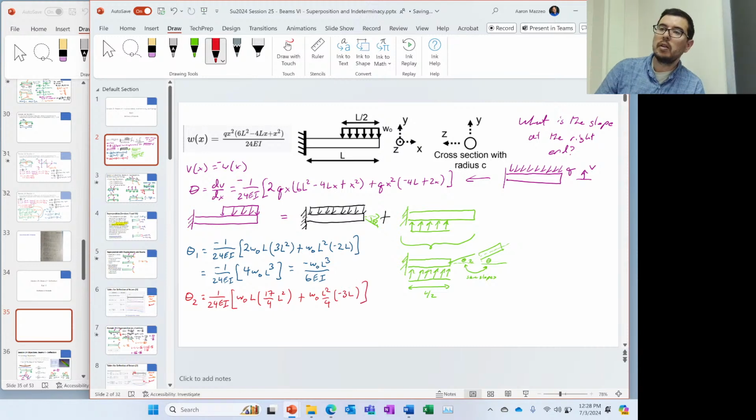Like that. Okay? And we already said that the slope at this end is the same as the slope at this far end over here, because it's just going along for the ride. So essentially, the total slope is equal to theta 1 plus theta 2.